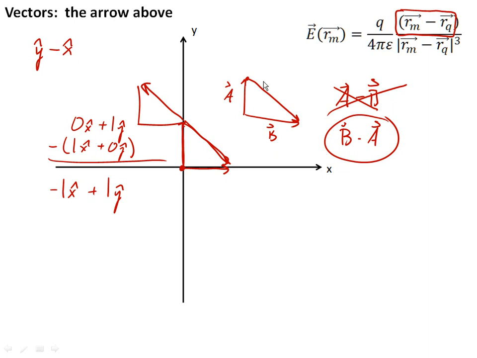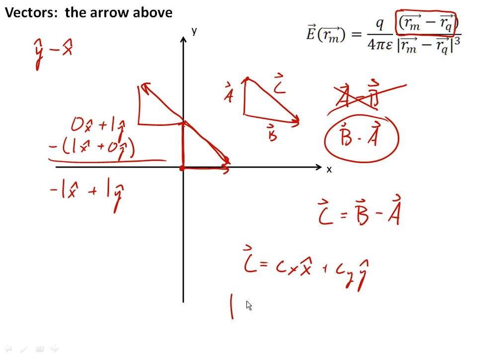Another thing we might want to know is how long is this vector C that goes from A to B. So let's write our equation here. C is equal to B minus A. It turns out that the length of C is something called the magnitude. Let's write C equals Cx, which is just some number for how long it is in the x direction, and we'll write our unit vector there, plus the y length of C along the y direction.